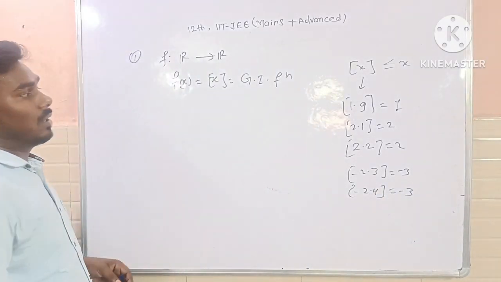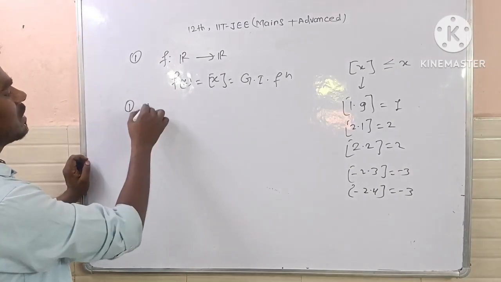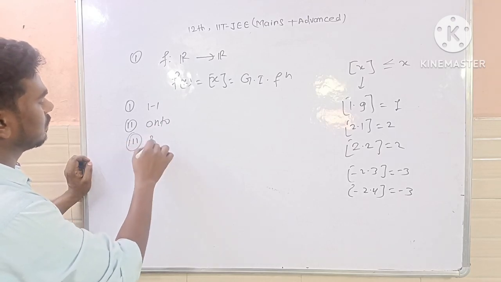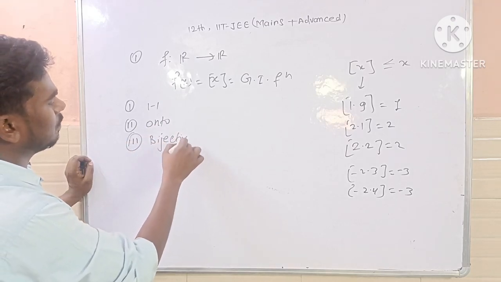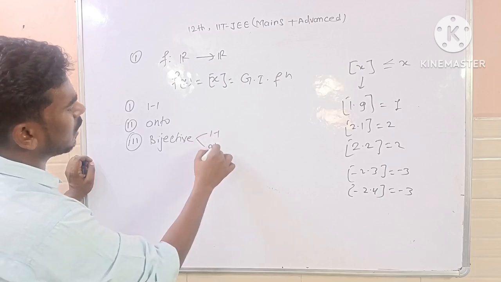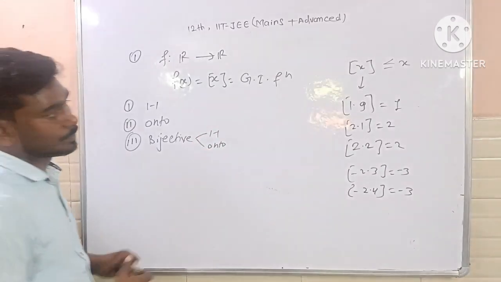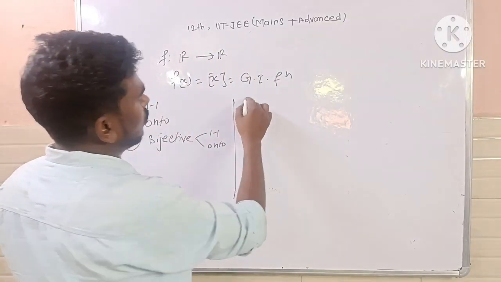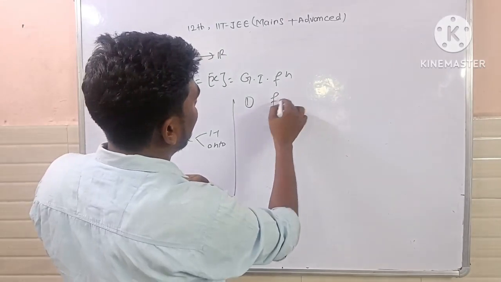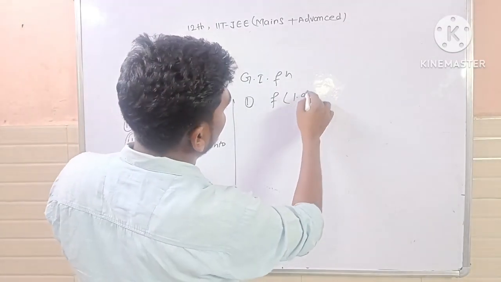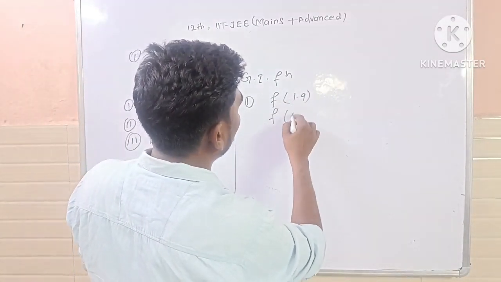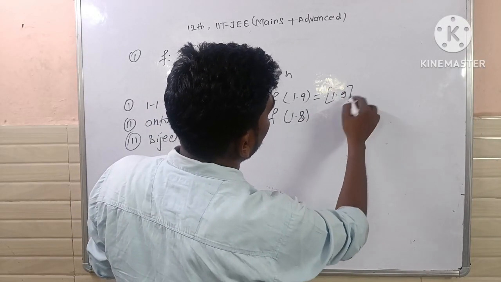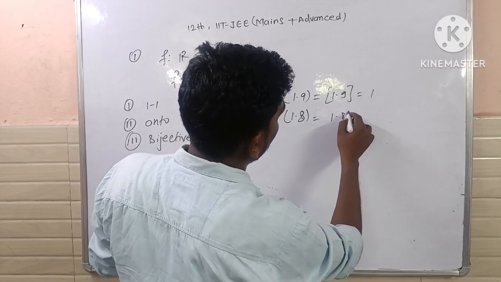Now I have to check whether this function is one-one, onto, or bijective. And keep in mind, bijective means both one-one and onto. So what about one-one? Suppose f of 1.9 and f of 1.8. f of 1.9 is 1, and f of 1.8 is 1.